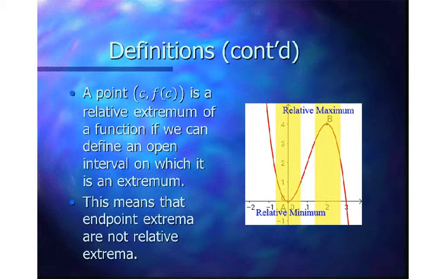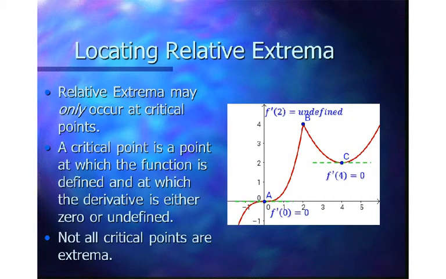But as you notice, the yellow bands on this graph define open intervals, one on which a is the minimum value and another on which b is the maximum value. And those open intervals, those relative extrema, last year we referred to those as turning points because usually that's a point where the graph turns around.